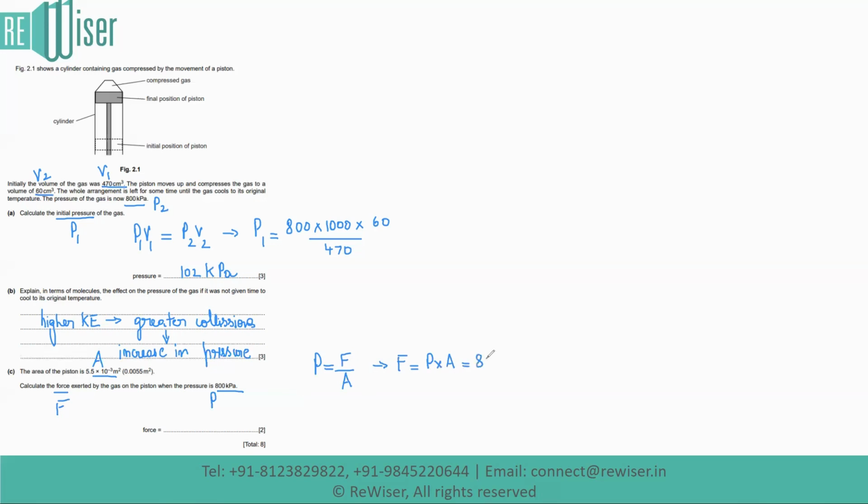Substituting, we have 800 kilopascal times area, which is 5.5 times 10 to the power of minus 3 m². Simplifying, we get the value of force as approximately 4,400 Newton.